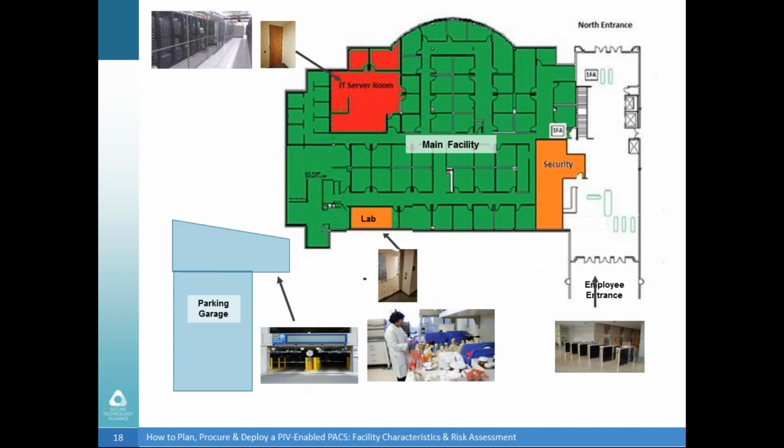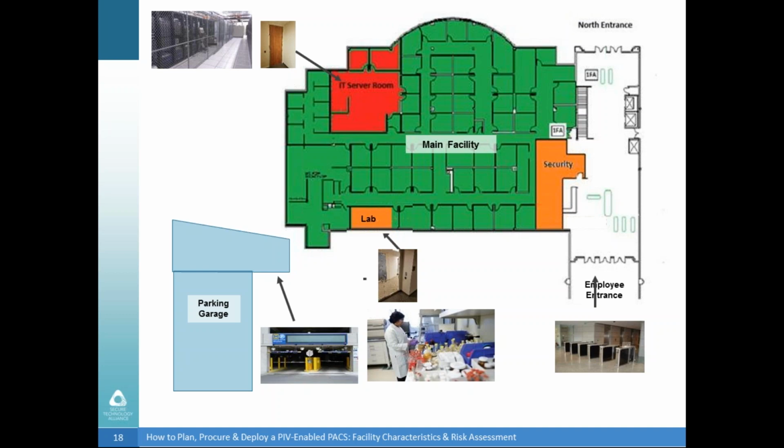So you're assessing the risk of each one of these areas or buildings or facilities, however you're going to deploy the equipment. And if we use the example here on the picture, all the entryways going into the green area, which would be your lowest level, you may put just one factor reader there.